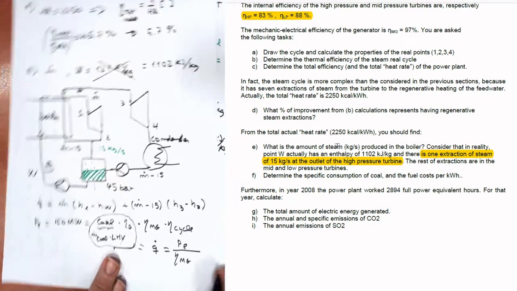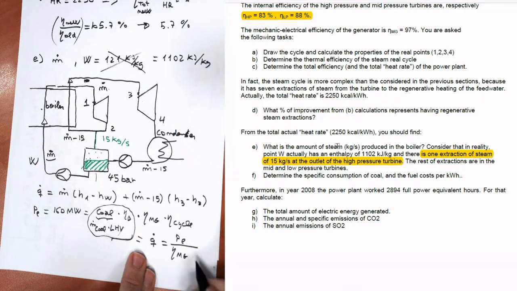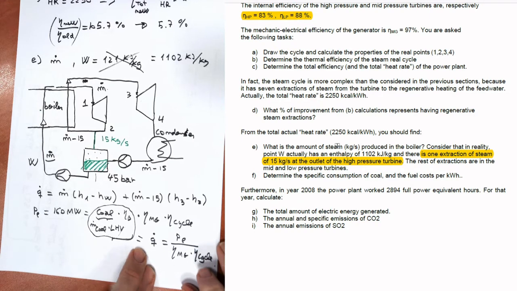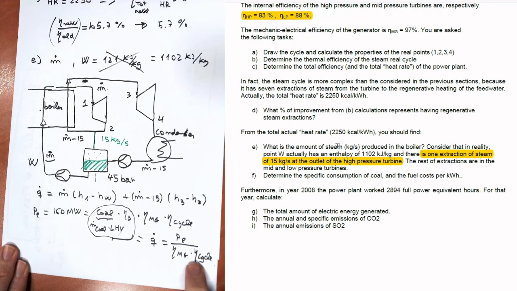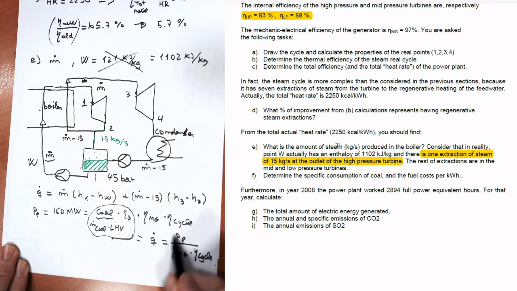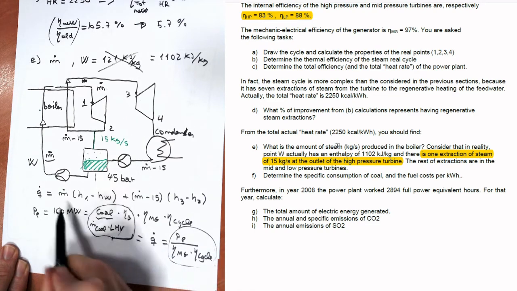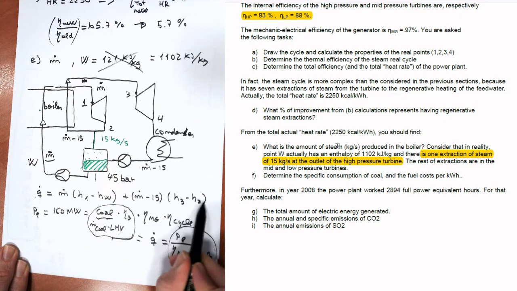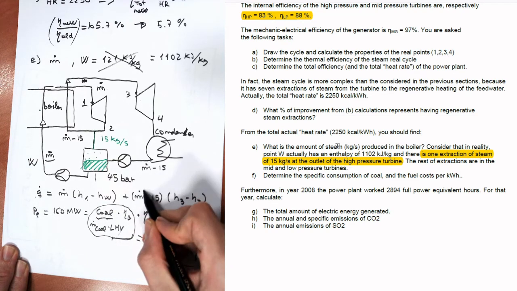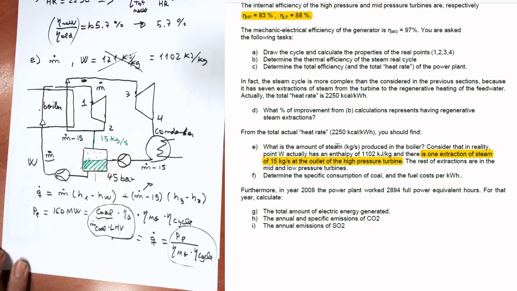Alright. And the efficiency of the cycle. Okay, so I can use this term. I can calculate the heat here, and I know all the enthalpies, and I only need to get the mass flow. So I can do this calculation.